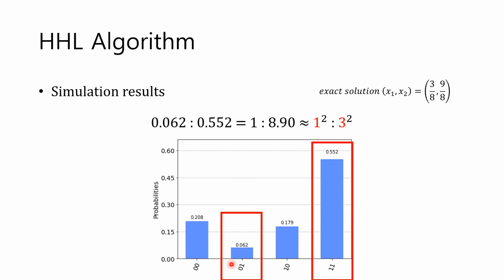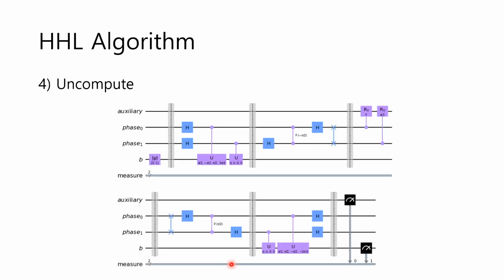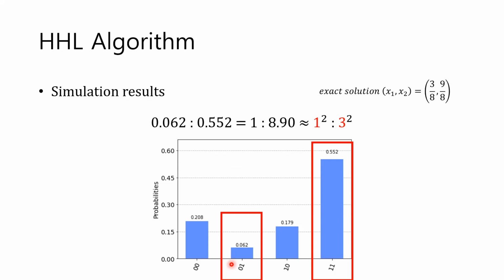What the HHL algorithm practically does is keep the data quantum state X in the middle of the circuit and do some other job like a Hadamard test or swap test. So in the normal case, we usually don't measure the quantum states into binary results like this.